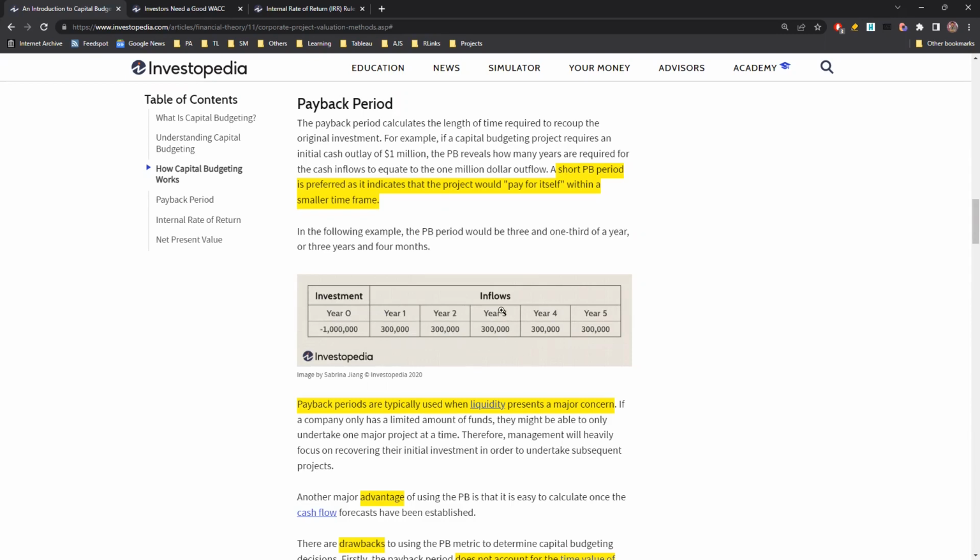After 3 years you make 900,000, and in about a third of the 4th year, 3 years 4 months, your 1 million is recovered. So your payback period is 3 years, 4 months.